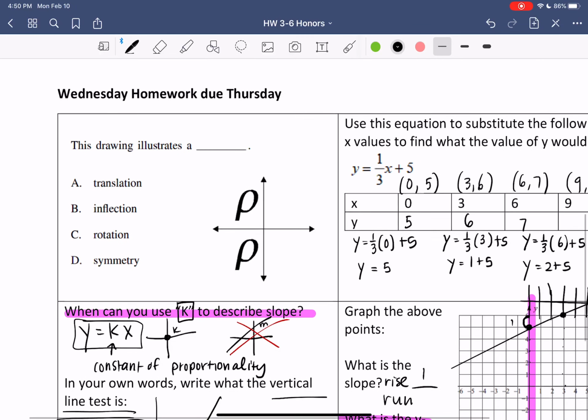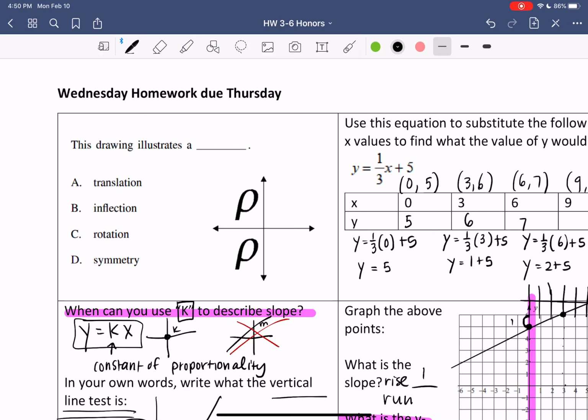The drawing illustrates A. Okay, so this is a little bit of a review question. I have a little P right here, and we're looking for what type of transformation.